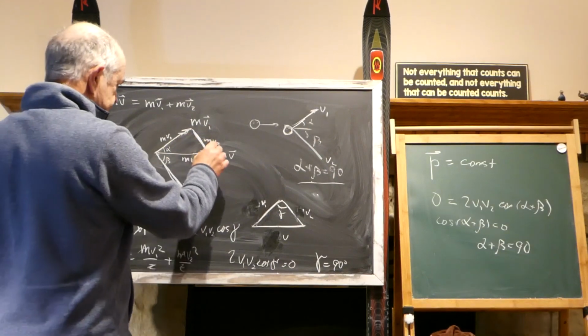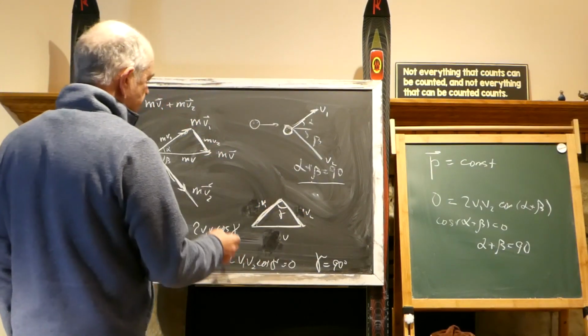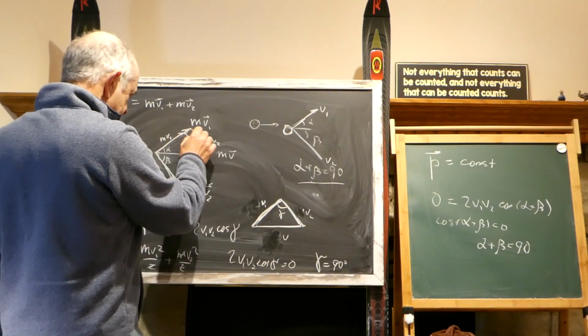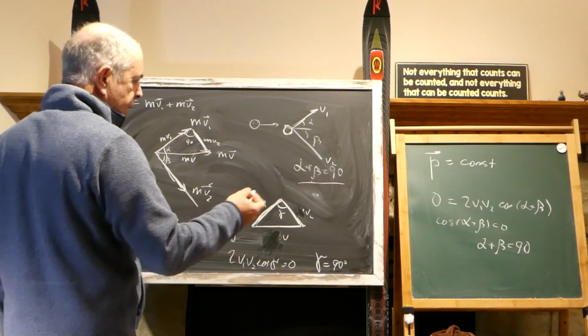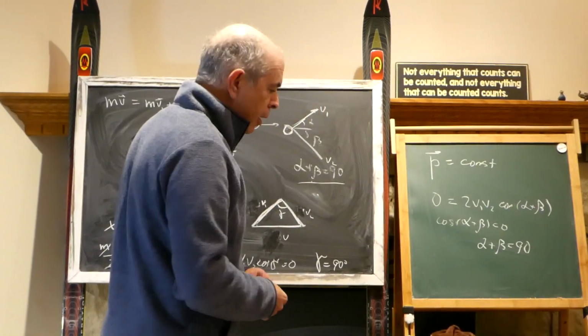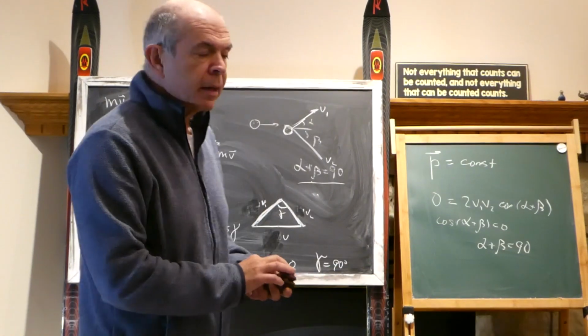And that means that this triangle is a right triangle. And that means that this is 90 degrees, and this equals alpha plus beta, and we will have the same result, only we obtained it in a little bit more elegant form.